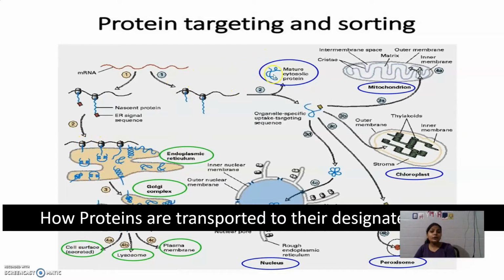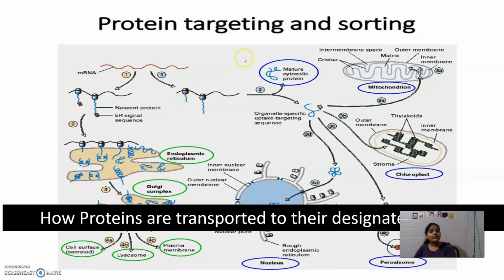First of all, the mature cytoplasmic protein has its own target sequence. It either enters the endoplasmic reticulum or some other organelle present inside the cytoplasm. The ribosomes are mainly of two types. One is attached to the surface of the endoplasmic reticulum. The other is present free in the cytoplasm.